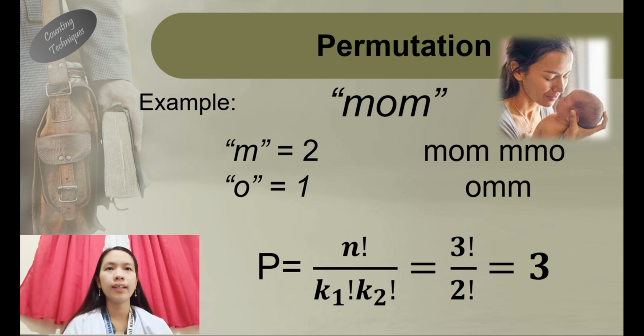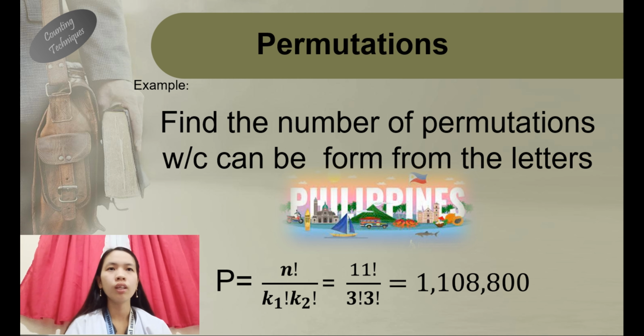So here's our example. Find the number of permutations which can be formed from the word PHILIPPINES. Our solution for this: we have 11 letters, with 3 P's and 3 I's.